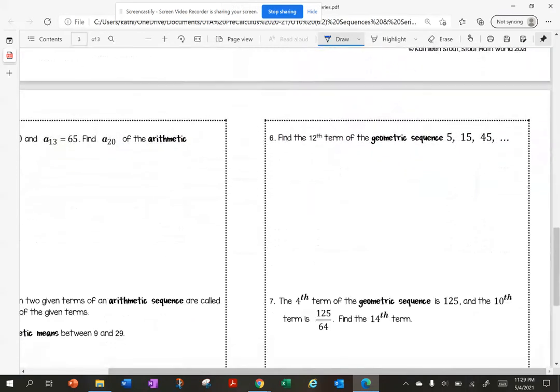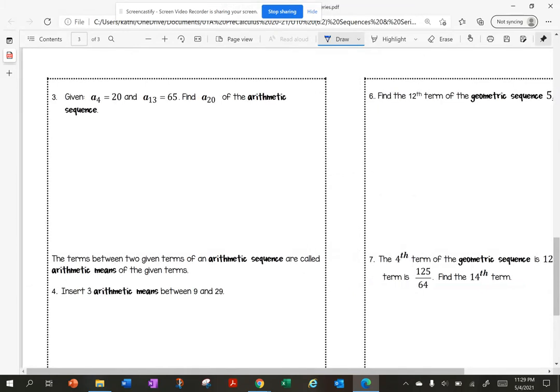Okay, let's try the next example. Given the fourth term is 20 and the 13th term is 65, find the 20th term. So this is a system of equations. I need two equations and two unknowns, and I can eliminate, substitute, or graph. I'm going to use elimination here. So I'm going to write two equations. The fourth term is the first term plus d times n minus 1.